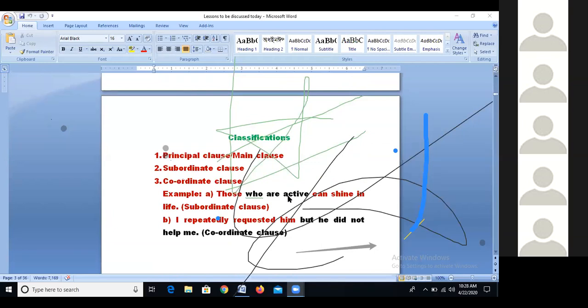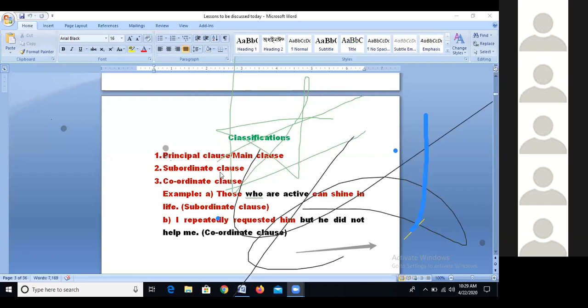Principal clause or main clause is independent because it does not depend on other clause to give complete meaning. A principal clause gives complete meaning without depending on other clause. Subordinate means dependent. So subordinate clause depends on other clause.